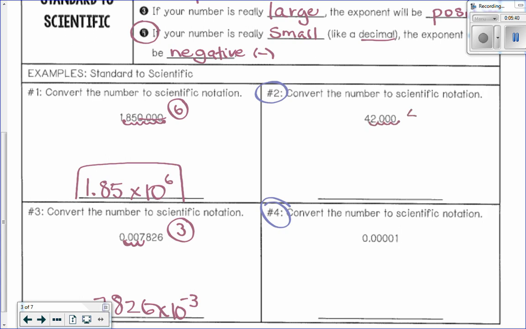Good. Let's give her one big clap. 1, 2, 3. Questions? All right, Kira, number 4. Convert the number to scientific notation, please.